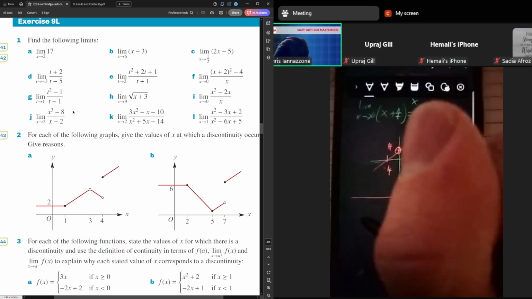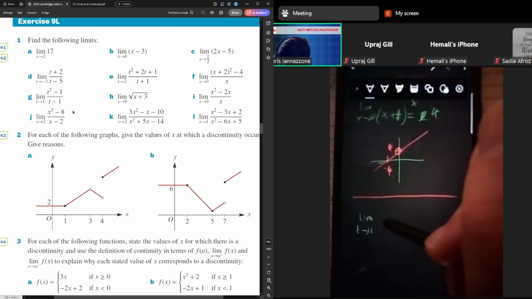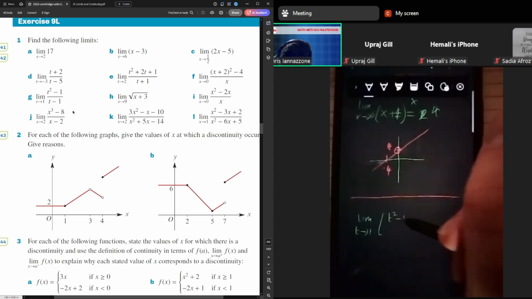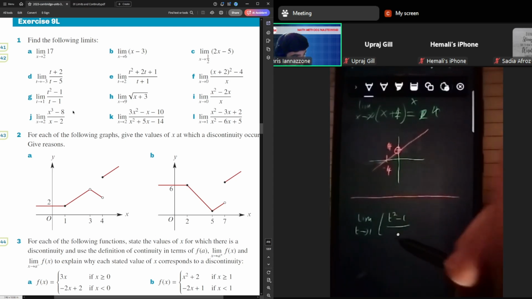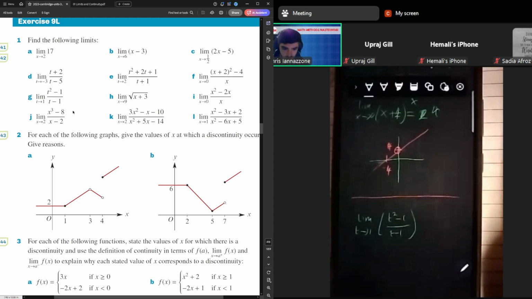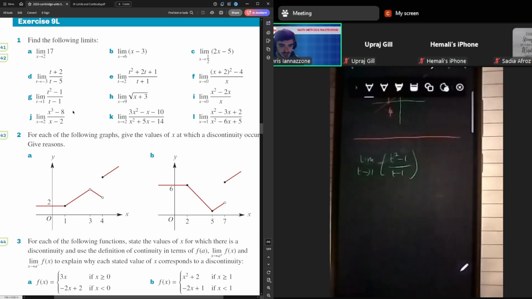And so we're going to have the limit as t approaches 1, and we're doing that for t squared minus 1 over t minus 1. Again, same issue, sub in t equals 1, you have to divide by 0.